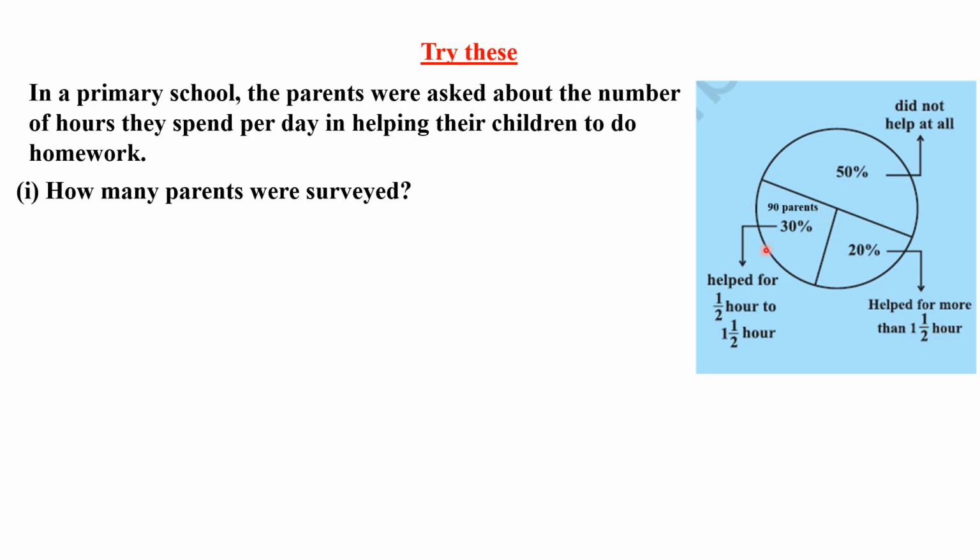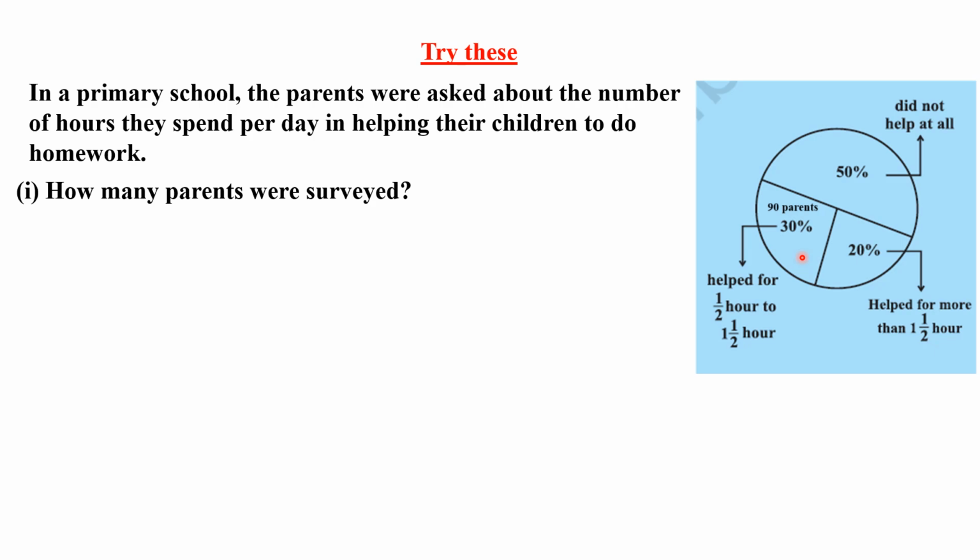And one more value is given: the 30% of the parents who are helping their children to complete the homework for half an hour to 1.5 hours are 90 parents. Your first question is, how many parents were surveyed in total? From this information, 30% of the total parents is given as 90. Now I am going to find the total number of parents surveyed.